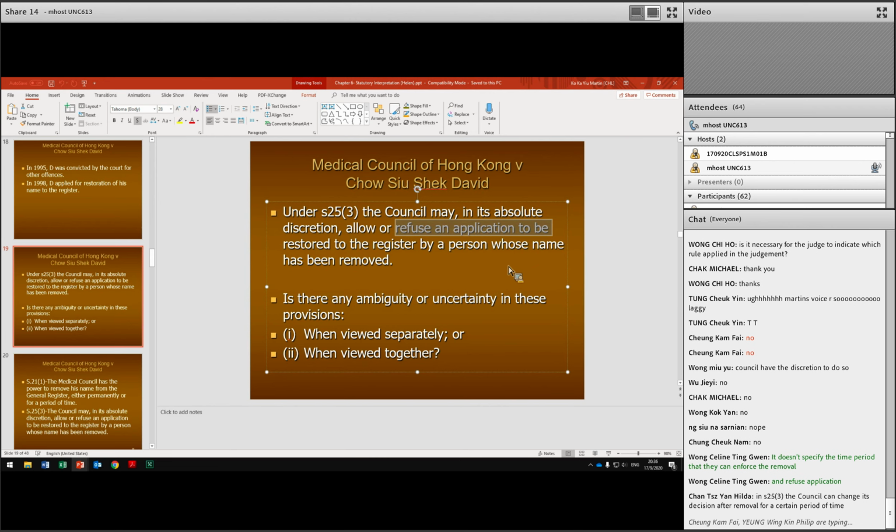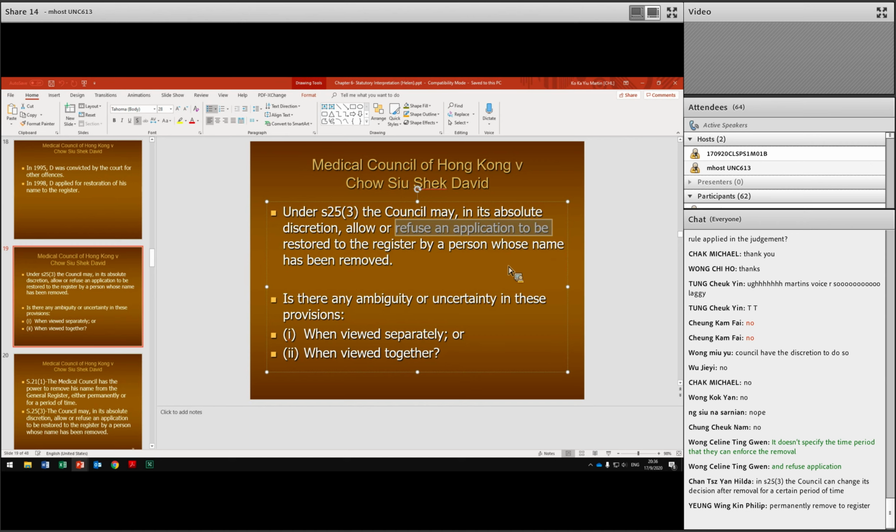You're not allowed to restore your name to the register. You cannot resume your practice. Just like a prisoner, when the 3-year period is going to expire, the prison officer tells him, sorry, you have to stay in the prison. You're not allowed to leave.